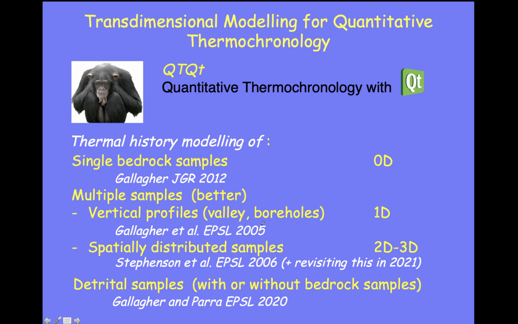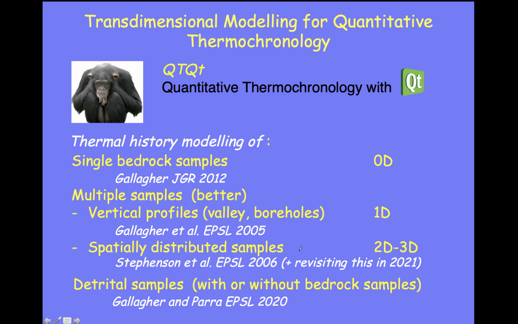And that approach was presented in terms of describing how that works in a paper in 2005. And I call that a 1D approach. We've got one spatial dimension, the vertical dimension, and we group samples according to their elevation or depth in the vertical dimension. So that approach doesn't let you deal with faults in that vertical section. So you can't at the moment deal with that kind of problem with QTQt.